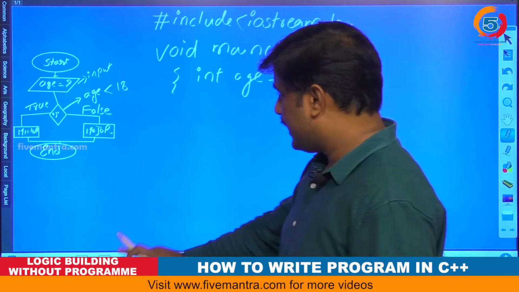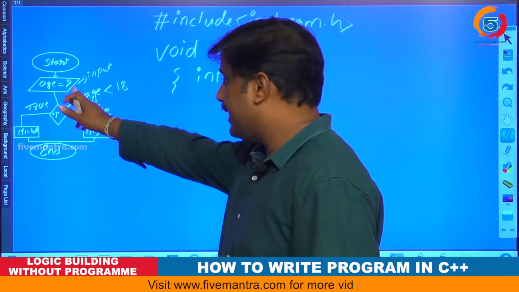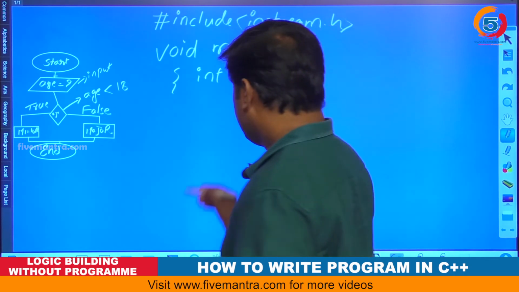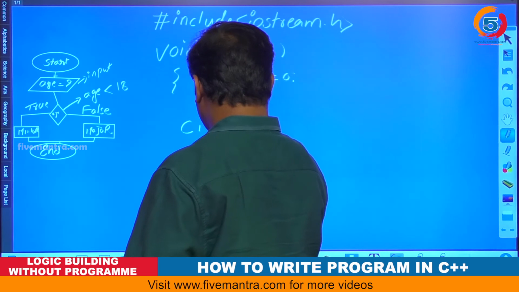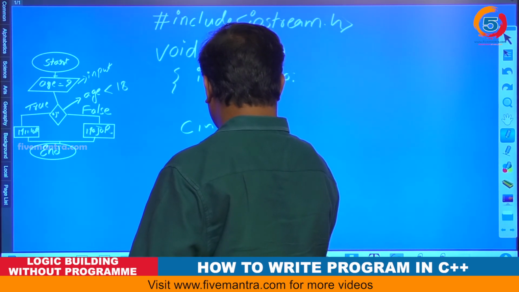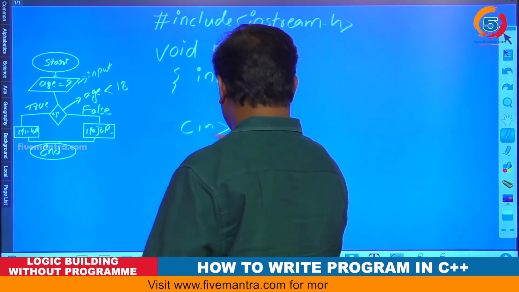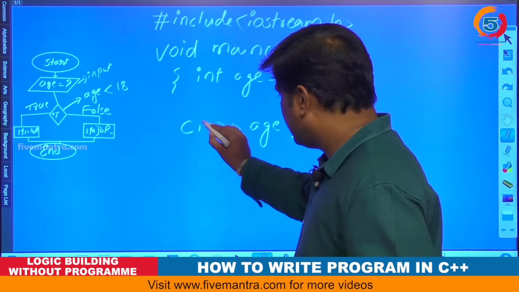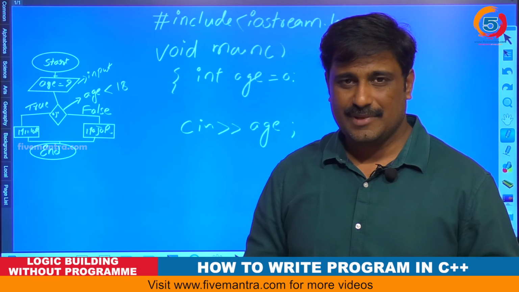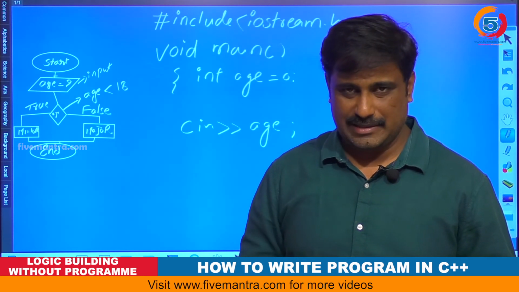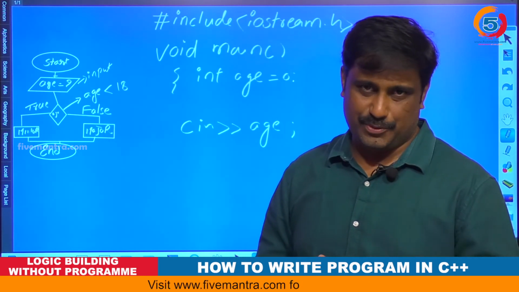Completed. Next, what I want to do is get the data from the user. Okay, when you want to get the data, one important function is cin. Whatever data you give will be saved into age. But one important thing is, without asking anything, how will we enter age? So it is not a good practice. We have to give a proper message to the end user.